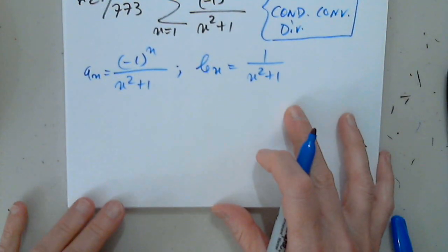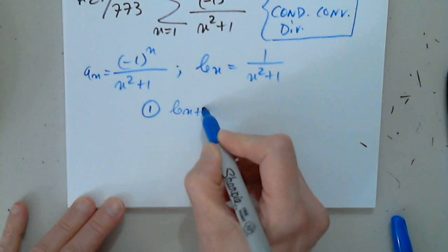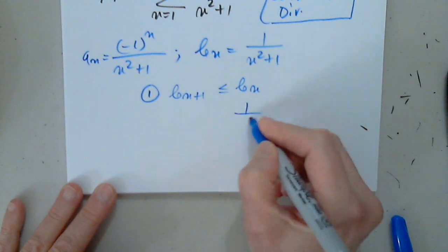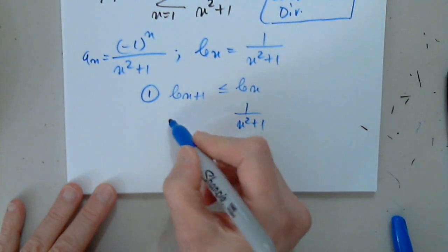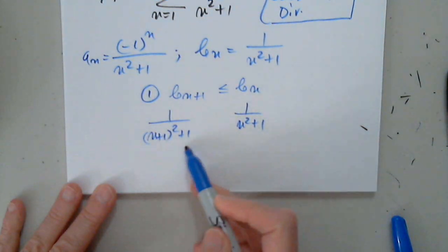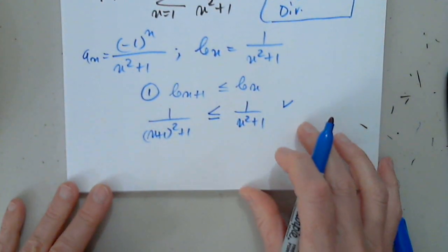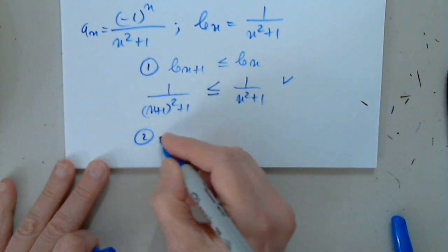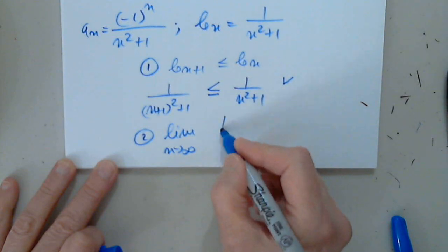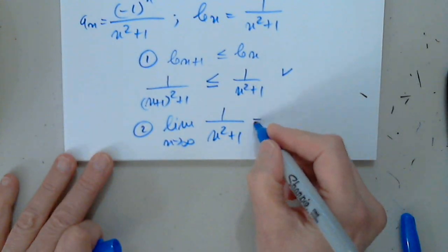Okay, so number 1, is b sub n plus 1 less than or equal to b sub n? This one is 1 over n squared plus 1, and this one is 1 over n plus 1 squared plus 1. The denominator here is bigger than this, so the first condition is fulfilled. Now, number 2, let's see if the limit as n approaches infinity of 1 over n squared plus 1 is 0.